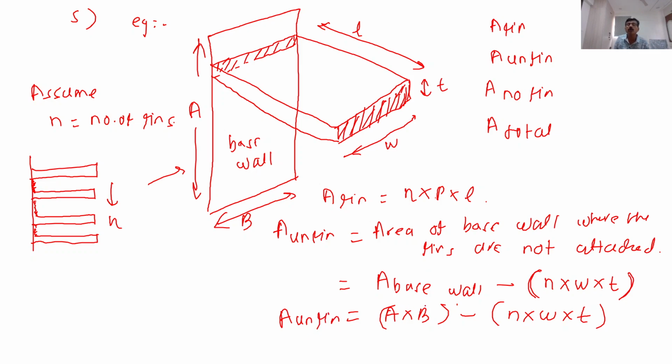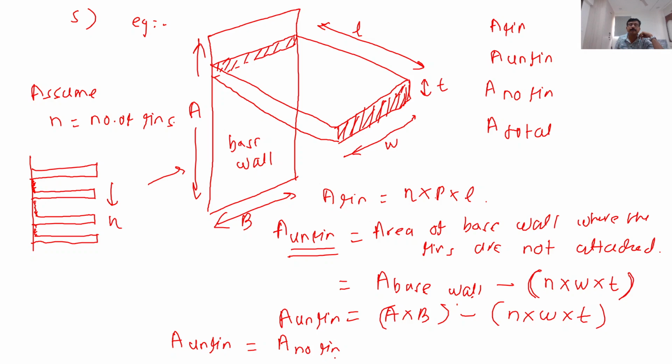Okay. So A base wall is also called as A no fin. So if I want to write the formula of A unfin at the end, how to do it? Simple. Because this is only applicable for this, you remember this formula for the calculation purpose. A unfin is equal to A no fin.